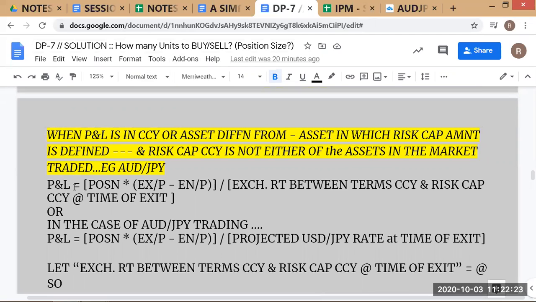These are all loss scenarios, because this is essentially to figure out the position size, by ensuring that if my stop is triggered and I lose money on the trade, what is the position size that I should put on, that is the number of units to buy or sell, to ensure that if my stop is triggered, then my loss is equal to the maximum risk per trade.